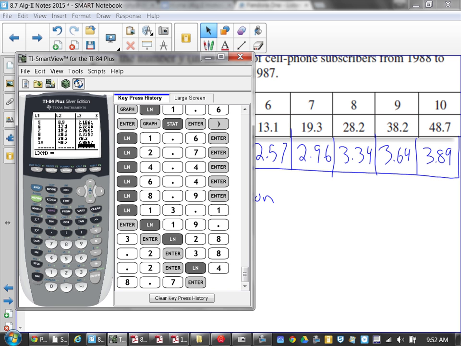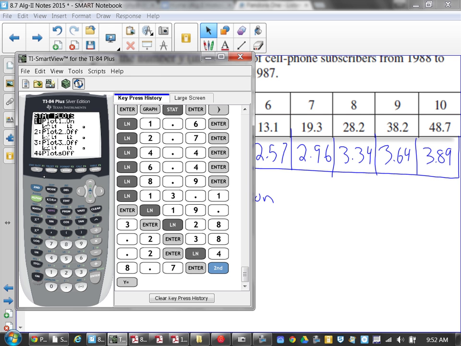Okay, so now you have an L1 versus L3. So what I want to do here is a stat plot again. We hit second y equals, and we have to go in here and adjust our L1 and L2. I want to change my y list to L3.